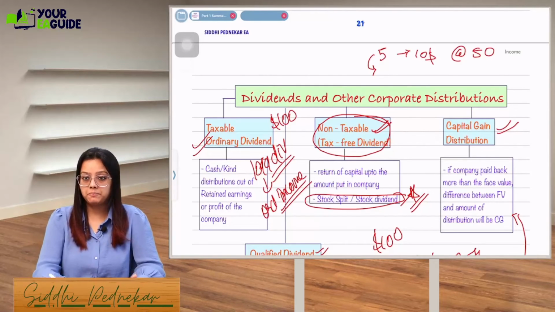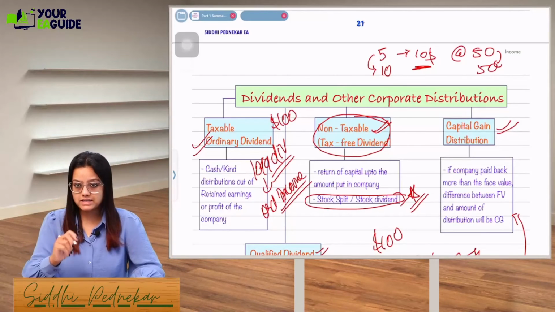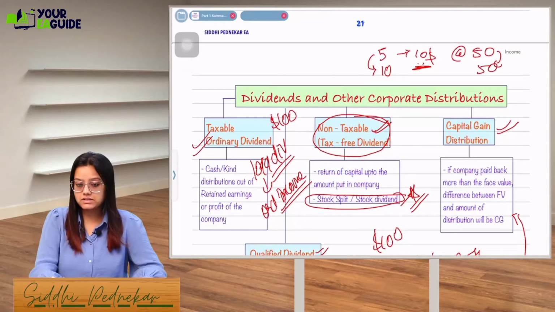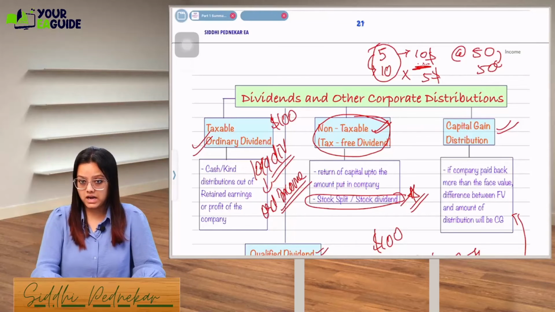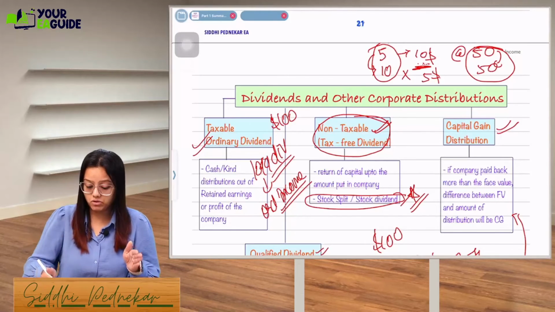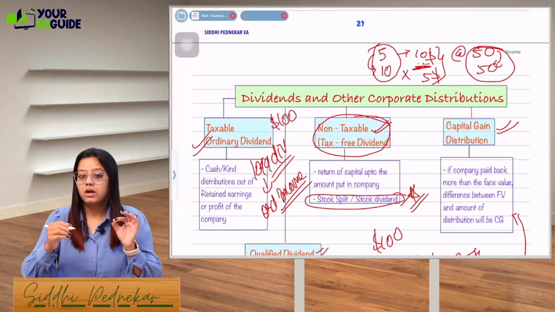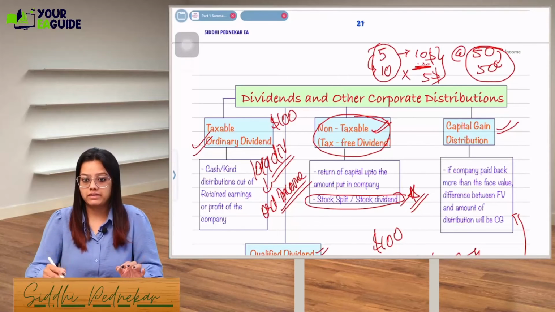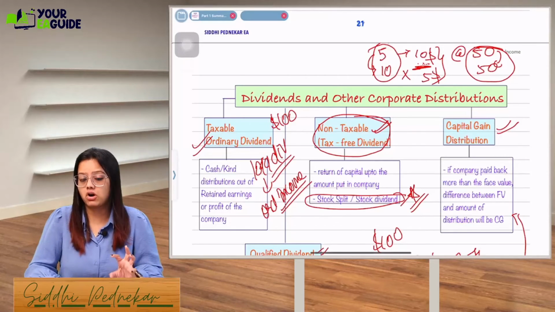So for 10 shares, I'm not going to recompute the cost; this $50 will be carried over as it is. Only the per-share cost will change, and I will consider it as $5. My stock split is done, but the total cost will remain the same. Only the per-share cost has to be split like this. That is stock split.